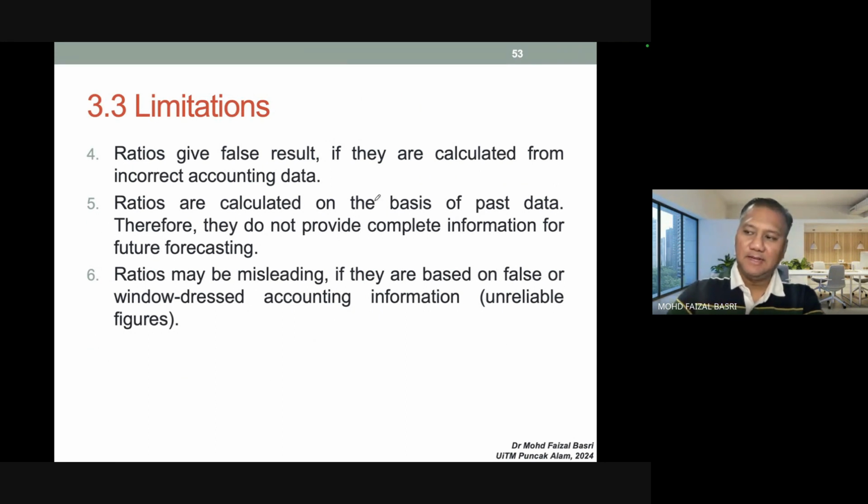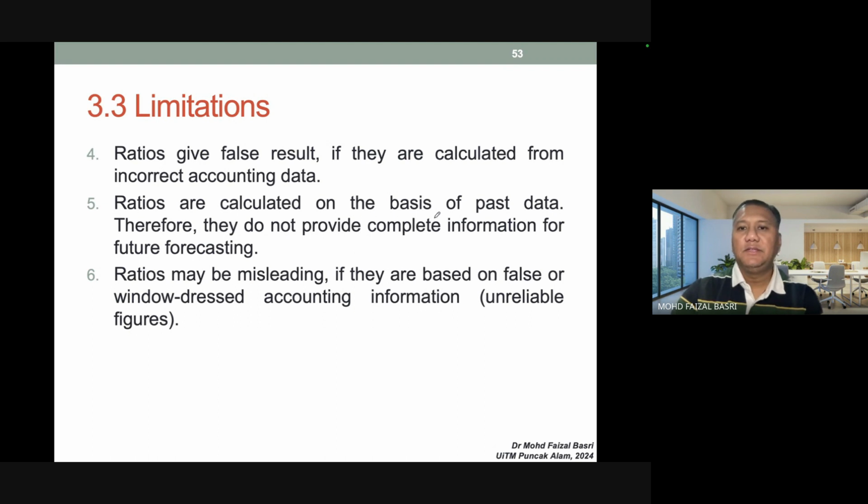So kalau kita collect accounting data yang salah, ratio kita akan come up with result yang salah jugalah. It can be data tu memang provided salah, or data tu you collect salah. Masa you nak buat analysis tu, you pick up figure yang salah contohnya.